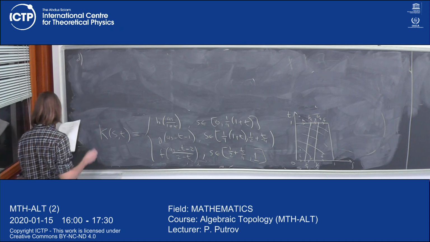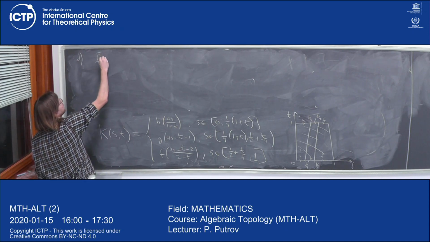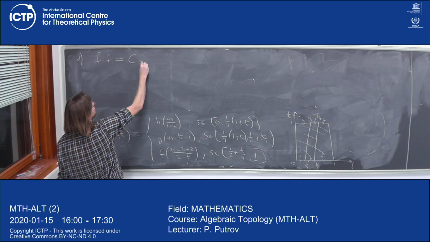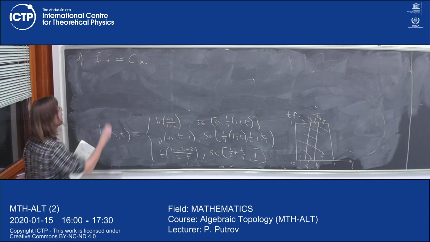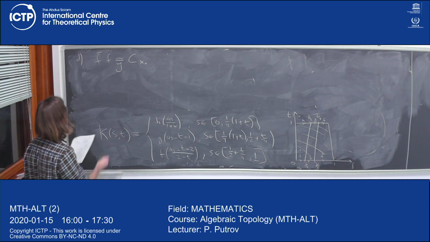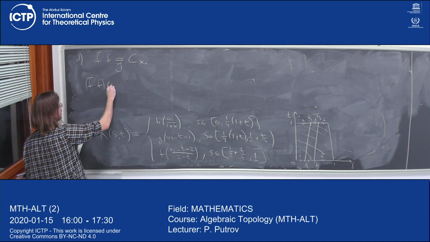So the final property is that I want to check that this is homotopic to a constant path. Let me present some homotopy G which realizes this. First, what is this composition?